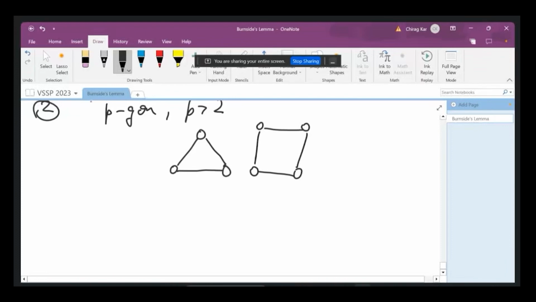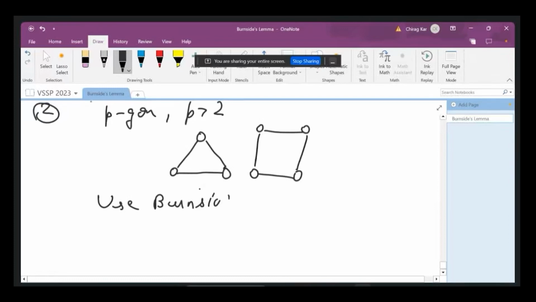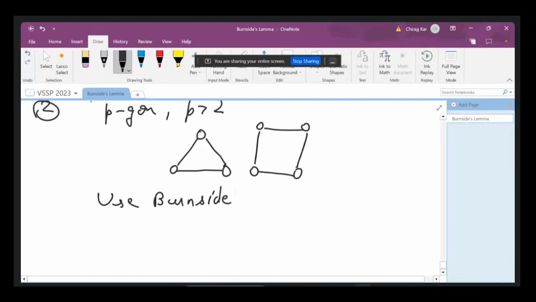To calculate that, you can use Burnside's lemma. And what you will find is, interestingly, that this would be equal to something along the lines of this.